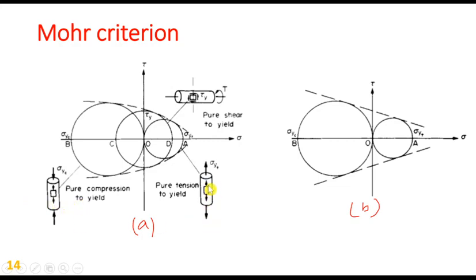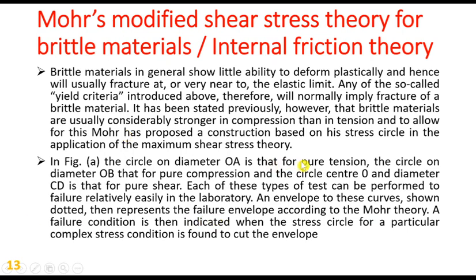For pure tension, this is the circle. For pure compression, this is the circle, and for pure shear, this is the circle in the middle. So the circle on diameter OA is that for pure tension, the circle on diameter OB that for pure compression, and the circle with center O and diameter CD is that for pure shear.